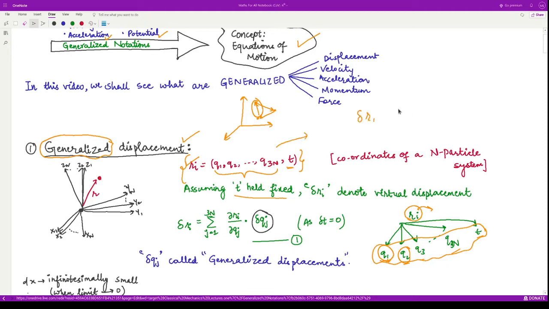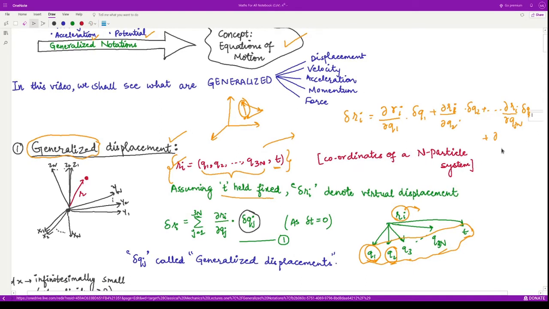This is equal to del Ri divided by del q1 times delta q1, plus del Ri divided by del q2 times delta q2, and so on, up to del Ri divided by del q3n times delta q3n, plus the last term, which would be del Ri divided by del t, times the derivative of t.